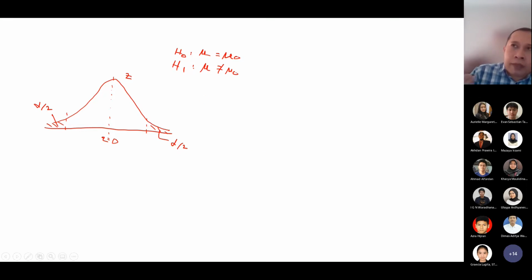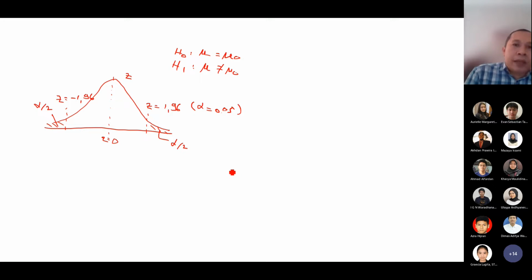And let's say if alpha is 5%, then this is Z equals 1.96, right? This is if alpha is 0.05 and two-sided. And this one is Z equals minus 1.96, right?